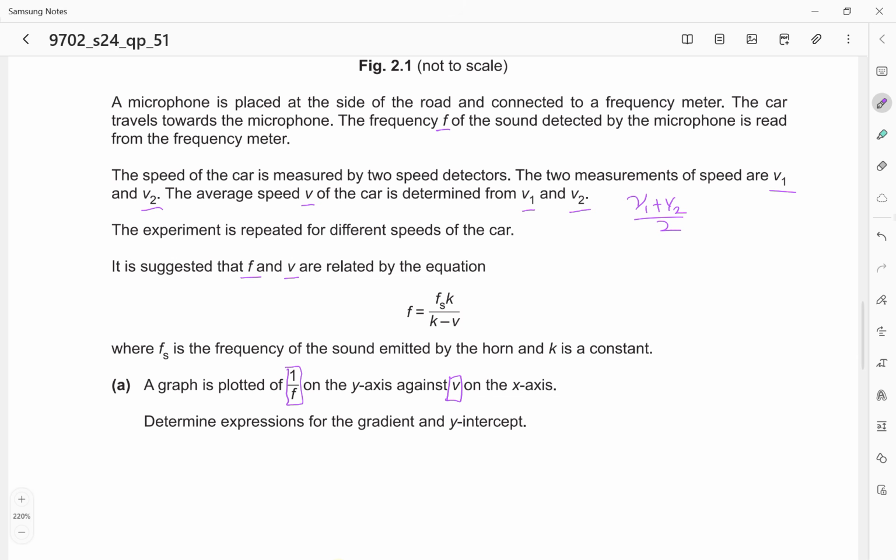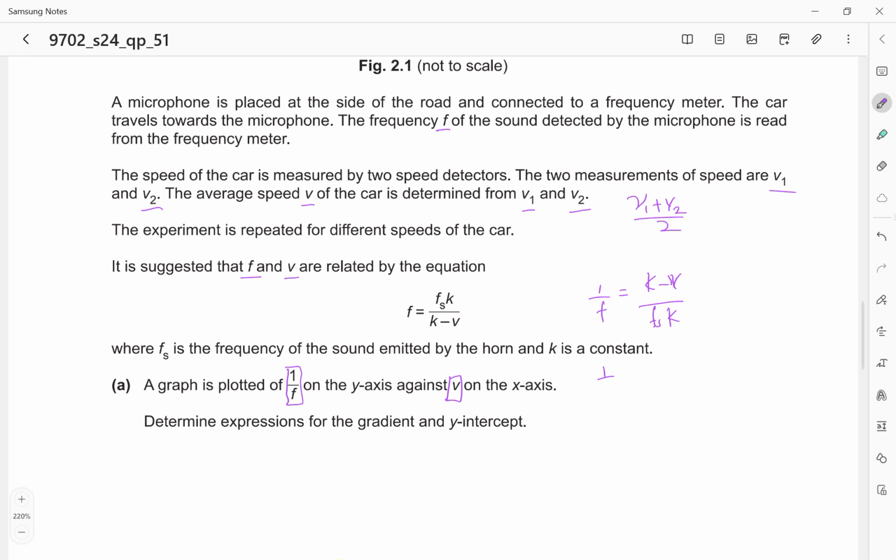How am I going to do that? So I'll try to first rearrange this. So this is going to be, if I get the reciprocal of this, it's going to be 1 over F equals K minus V divided by Fs times K.